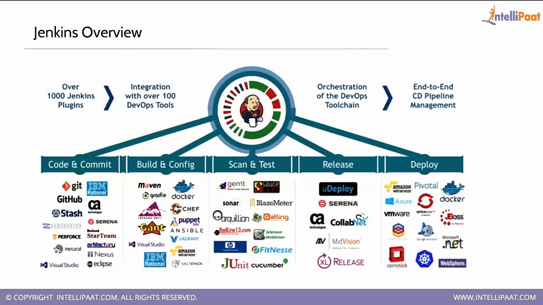We'll get to know when we do that. And it can also build images for Docker containers. All that can be done through Jenkins. Then we can write test cases which will test the server and let you know whether the website is running or not. And then you can ask Jenkins to release the code to a certain branch if required.